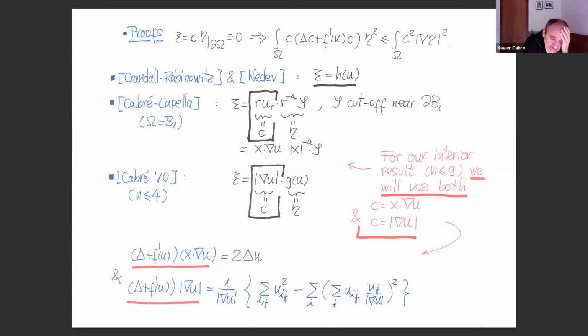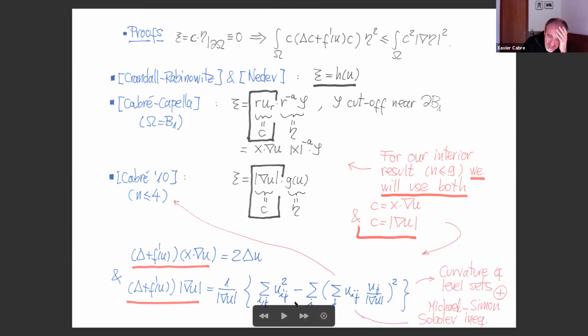And instead, for the modulus of the gradient, it's also a simple computation. And what you get is the squares of certain second derivatives. Not all of them, just some of them. You miss a column on the Hessian, okay? But this quantity here contains, inside here, at least all the curvature of the level sets of the solution.